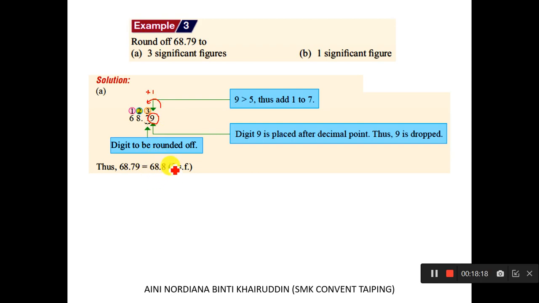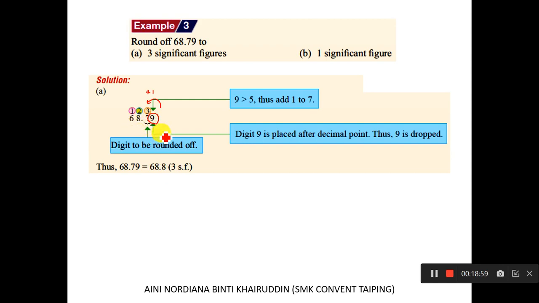No need to write 0 after the digit 8 here, because when you put 0 here, it is not 3 significant figures anymore. It becomes 4 significant figures. So you have to be very careful. Don't write 68.80. Before this, from the previous year in primary school, you learned that you have to put 0.